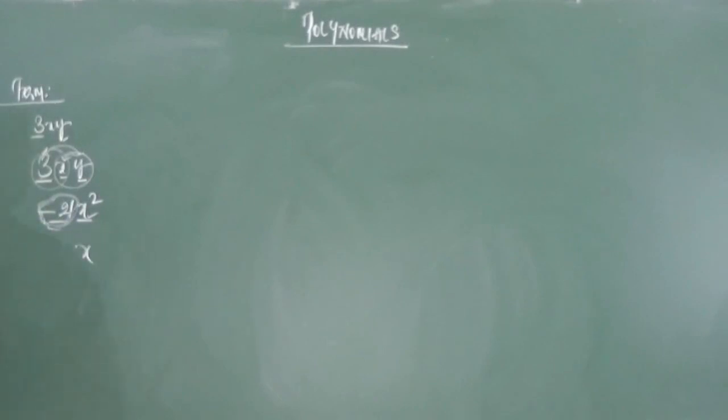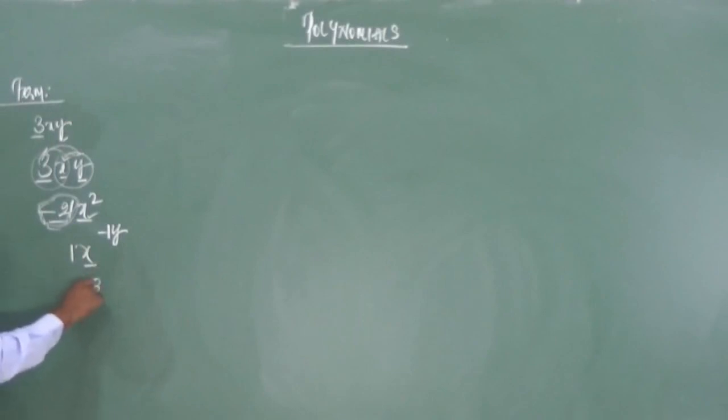What is the numerical coefficient of x here? It is understood that it has 1 as the coefficient. The numerical coefficient of x is 1. For example, I write minus y. What is the numerical coefficient of y? It is minus 1.